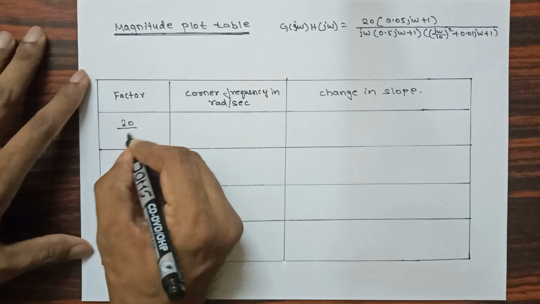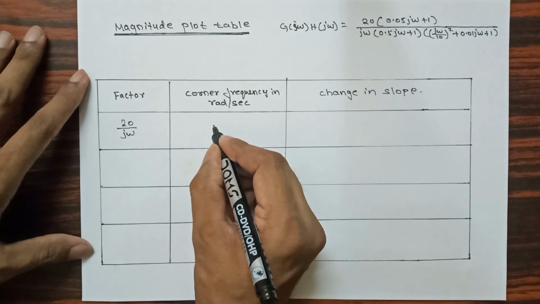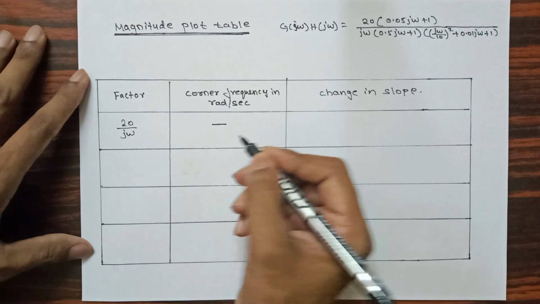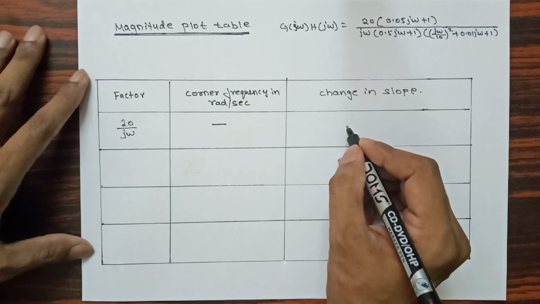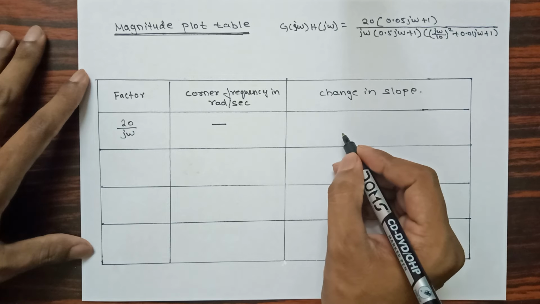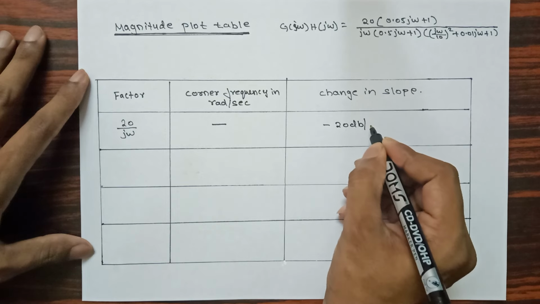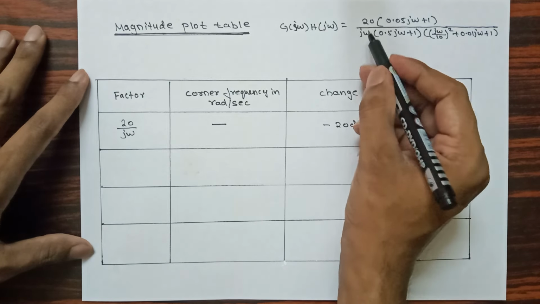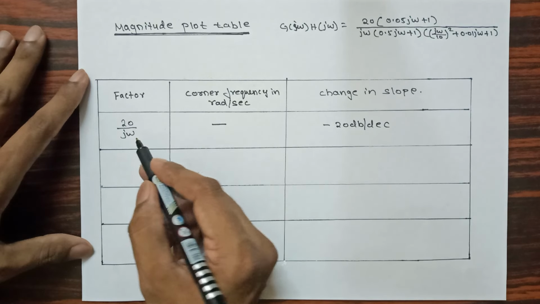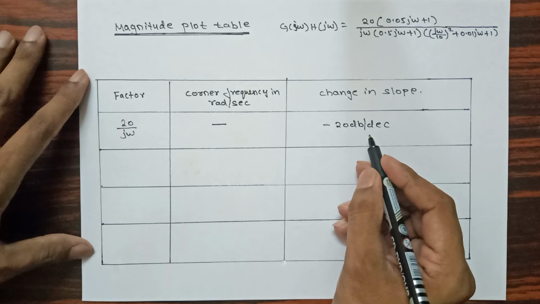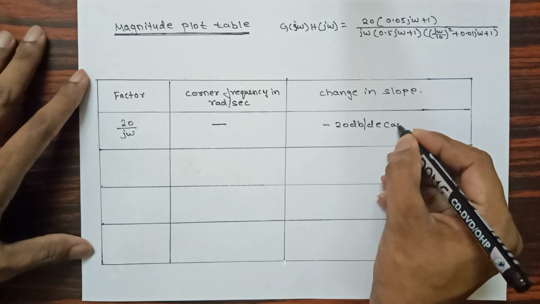For this first factor we do not calculate any corner frequency or change in slope. The initial slope we just calculated is minus 20 dB per decade, because the problem has one pole at the origin in the first factor.